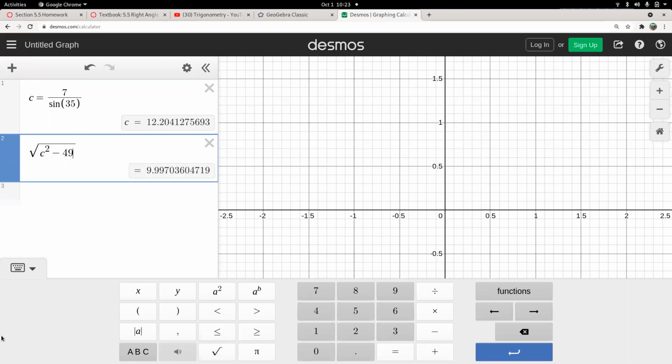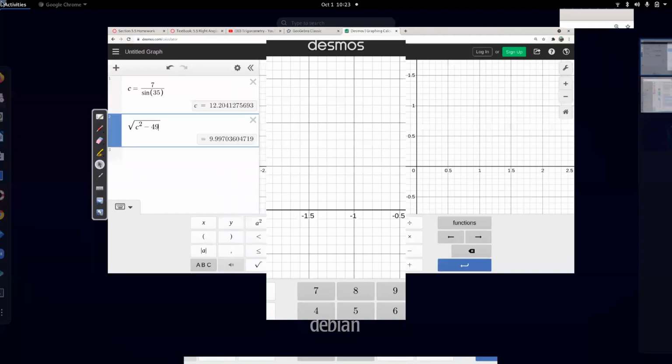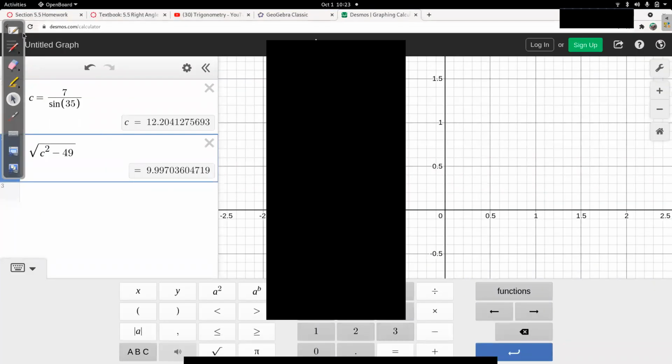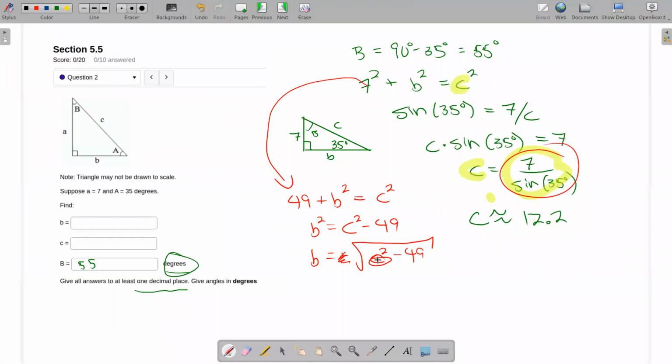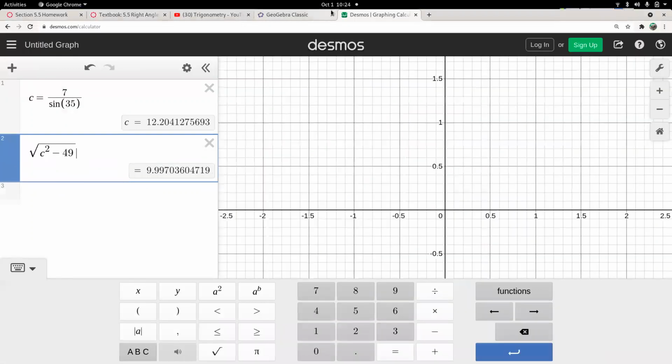Did I type that right? Let's look back at my notes. C squared minus 49, and then take the square root. Yep, that looks good. So I'm getting about 9.997, to 1 decimal place, that would be 10.0.